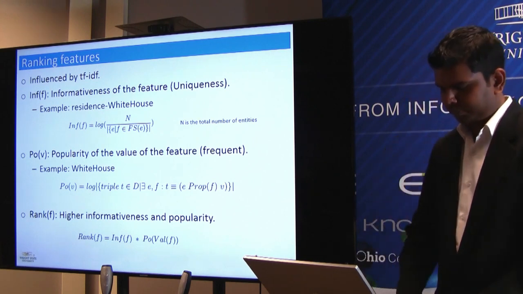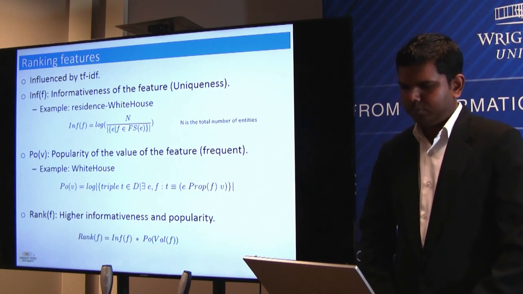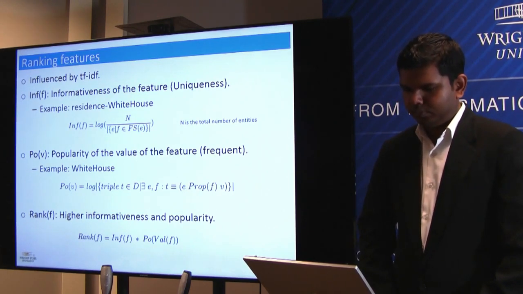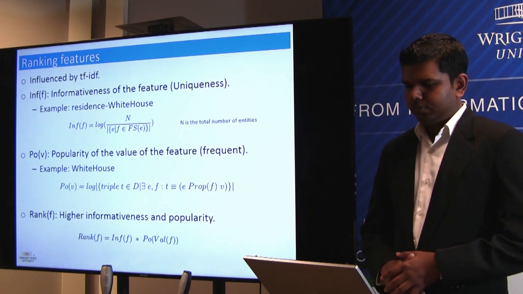So the ranking is based on a TF-IDF-like metric, right? Yeah. It's based on informativeness and popularity, these two features. I'm wondering if there are any other features that may also work.